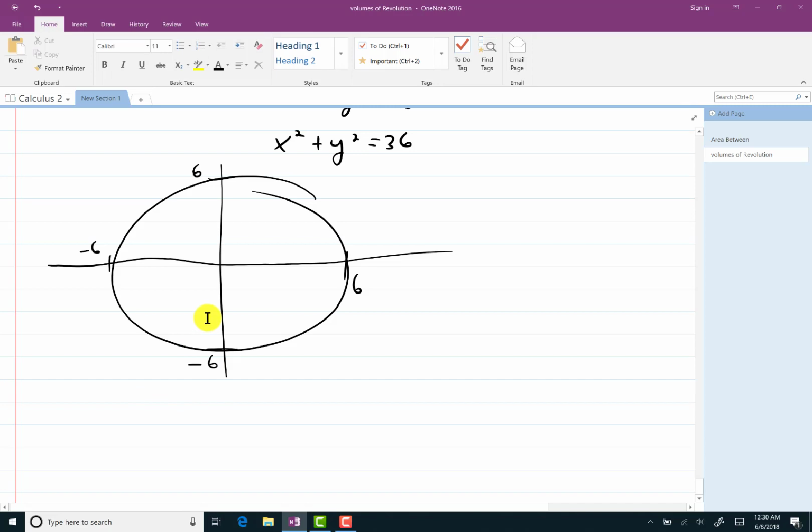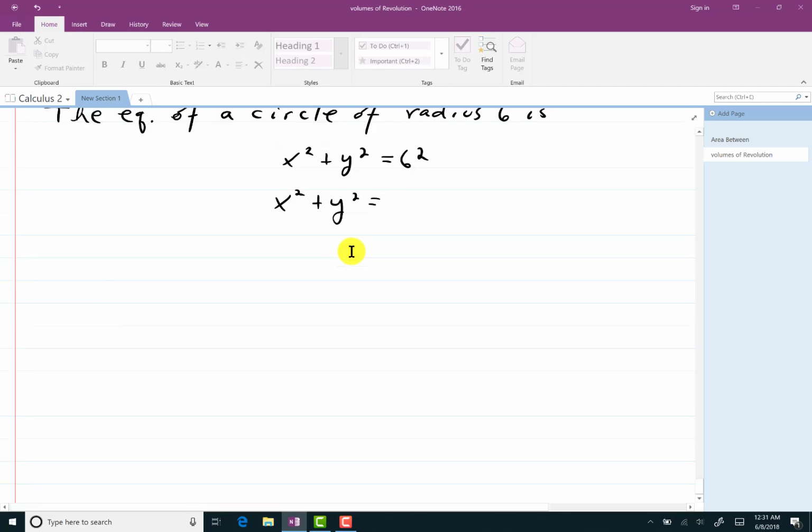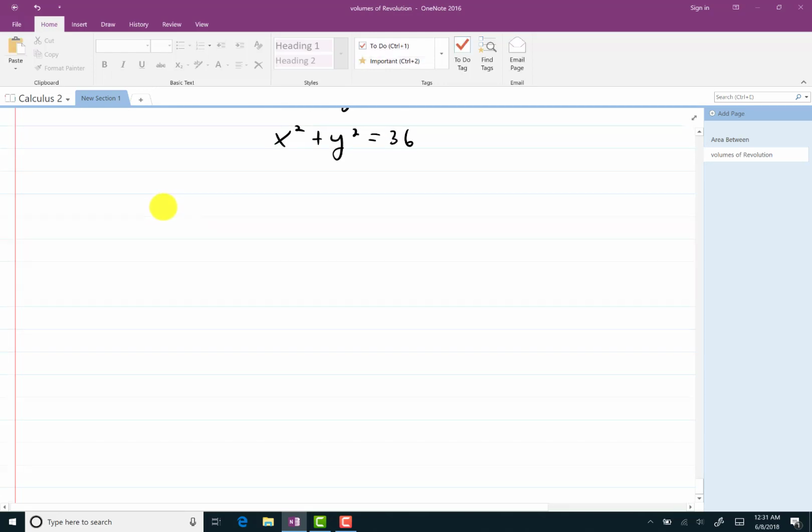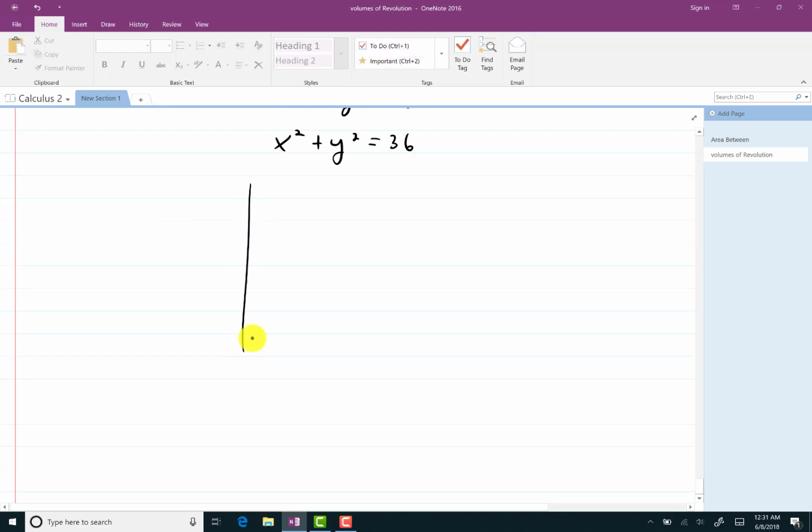So what I'm going to deal with is instead just the first quadrant. So let's deal with that. I'm going to take that one away. And I'm going to deal with just the part that occurs in the first quadrant, the circle. There's more to it than that.